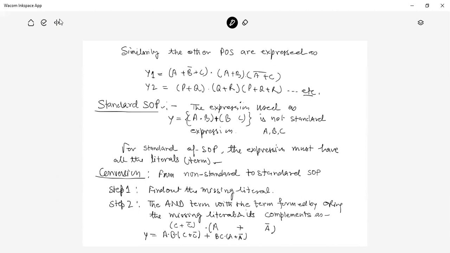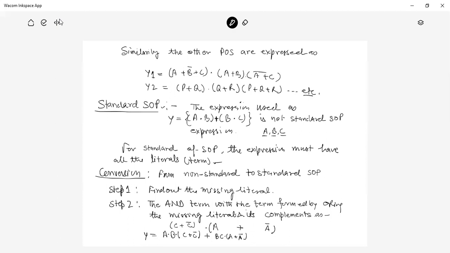Take y is equal to A dot B plus B dot C. This is not a standard SOP expression, because there are three inputs A, B, and C, but in one term there are only A and B, and here it is B dot C. So we convert this given expression into a standard SOP expression.